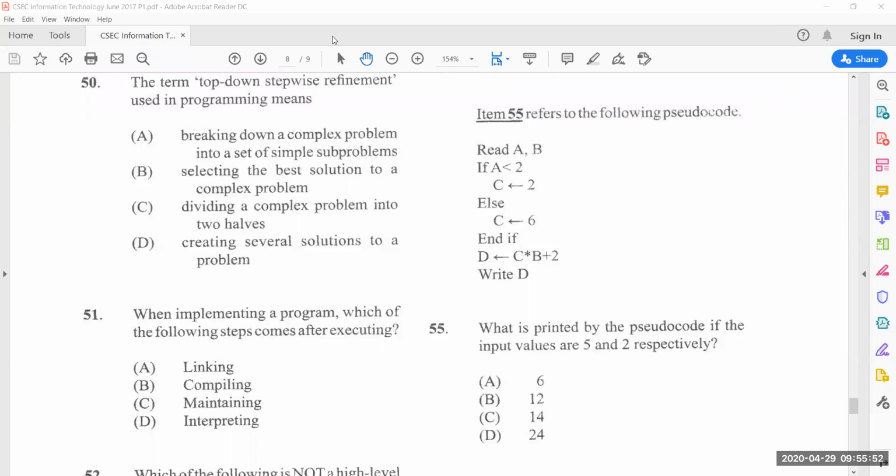Anybody? What do you have for 55? Let's see here. Miguel, are you on the call? No, let's try Mamadou. Are you on the call, Mamadou?